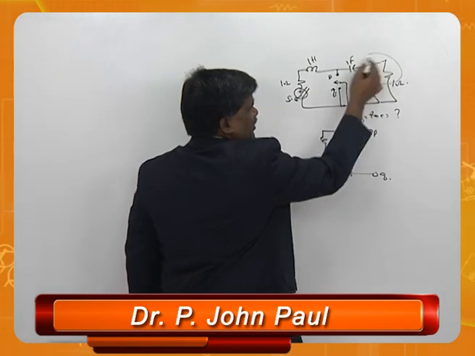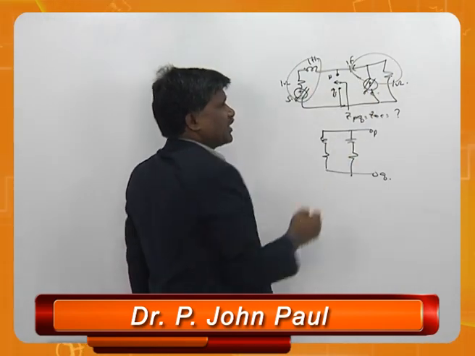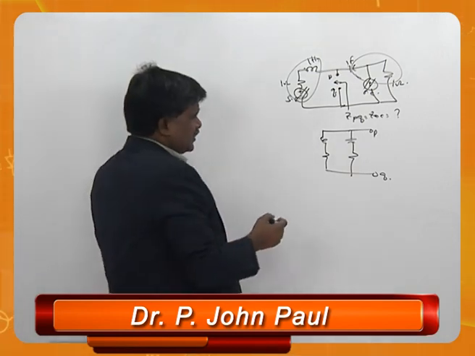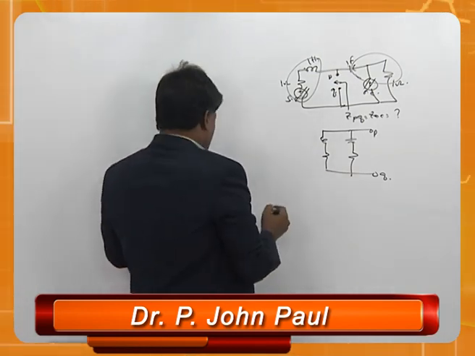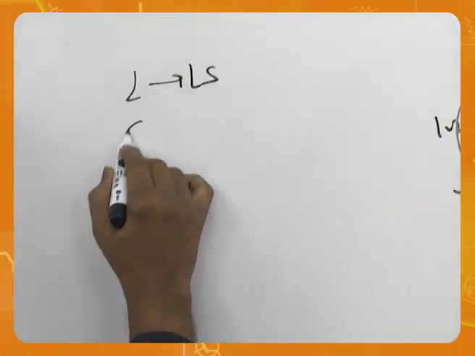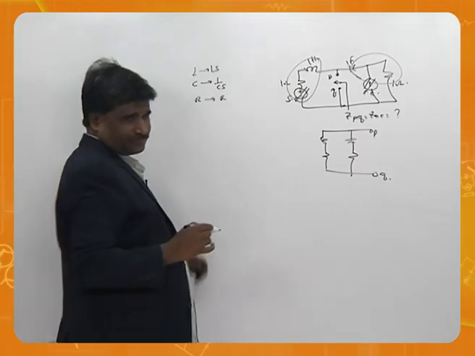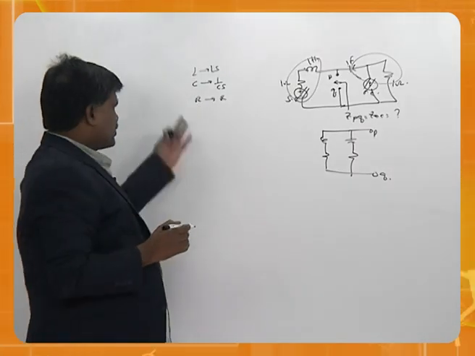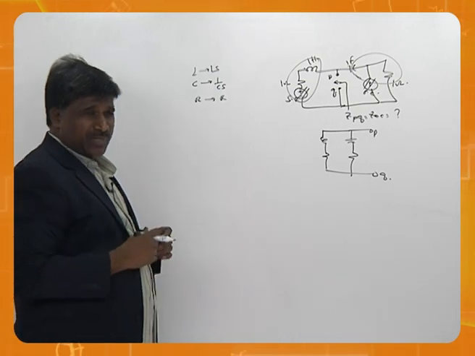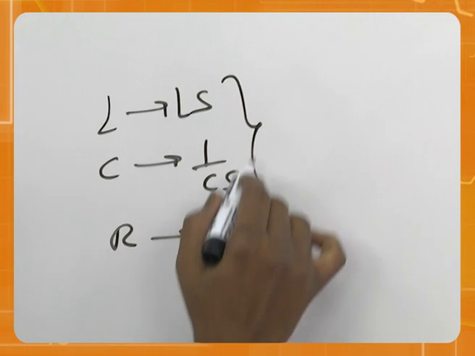So simple. Because these two are coming in series, and these two in series, series and series coming in parallel. Now the best way is, always remember, L becomes Ls, C becomes 1 by Cs, R remains R. This we should not really memorize, we should actually say this came from Laplace transform.